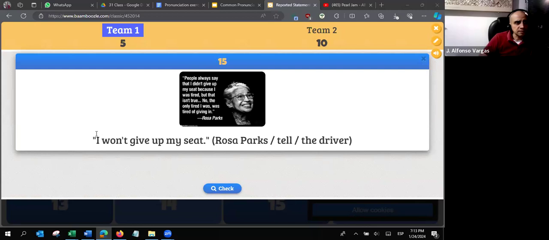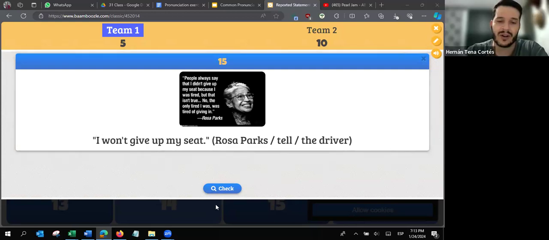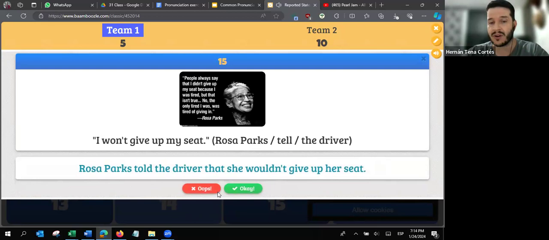Rosa Parks told I won't give up my seat to the driver. Very good. That's one way. We can also say Rosa Parks told the driver she wouldn't give up her seat. Both are correct. You did very well, Alfonso. Good job.